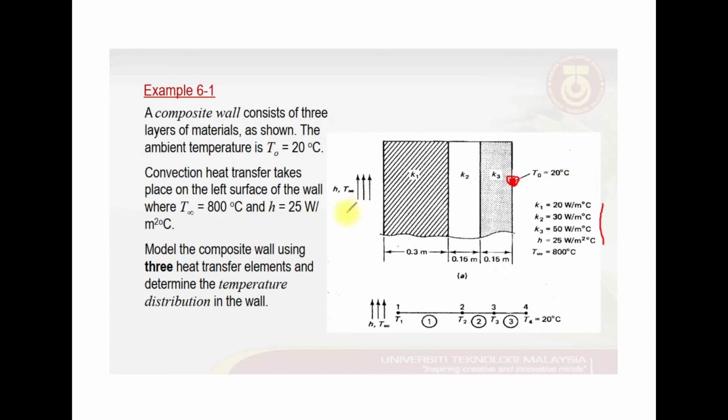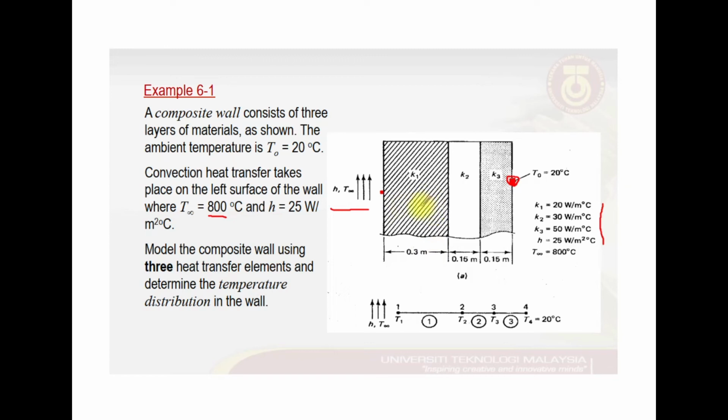On the left-hand side of the wall, we have the convection process occurring, where the convection temperature is 800 degrees Celsius, and the convection heat transfer value is 25 watt per meter square per degree Celsius.